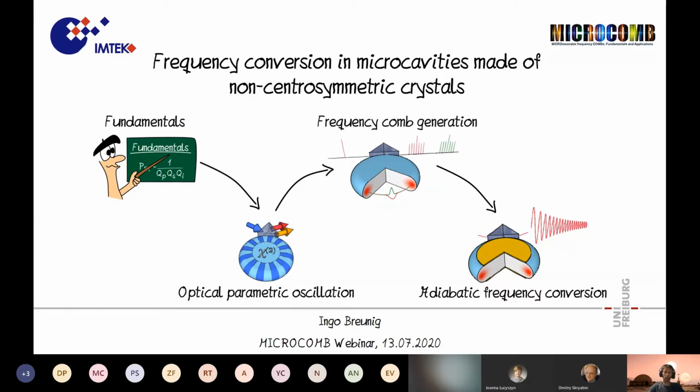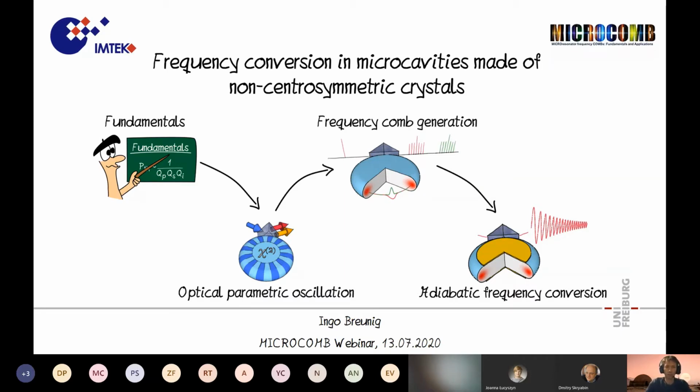The first one is optical parametric oscillation. Then I will talk about frequency comb generation in these non-centrosymmetric crystals. And finally, I will talk about adiabatic frequency conversion, which is not that explored yet, but let's see. I really, really like this way of frequency conversion.